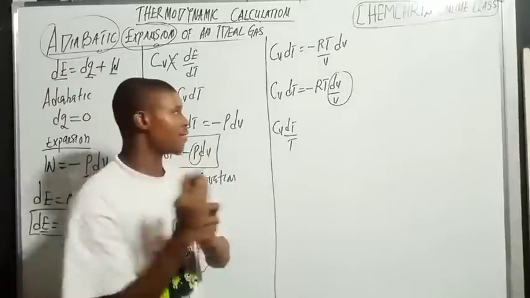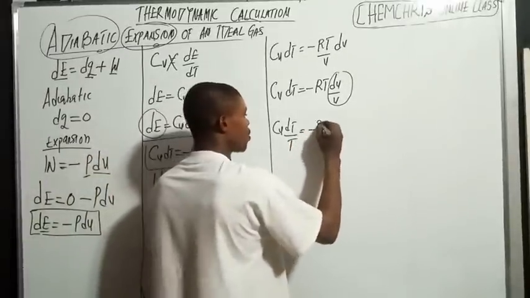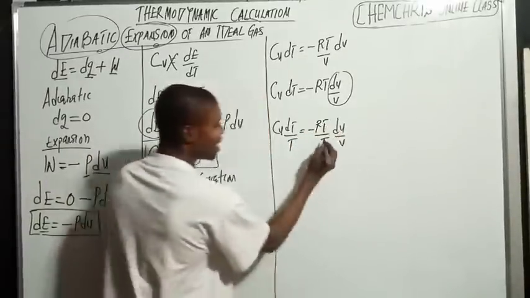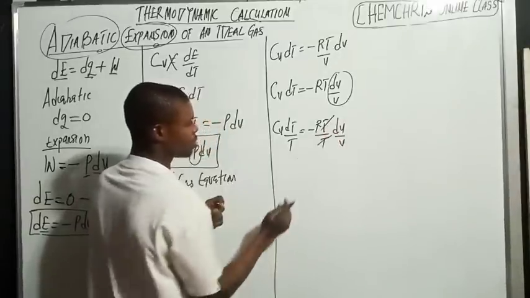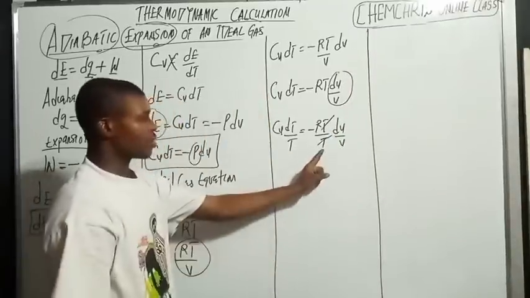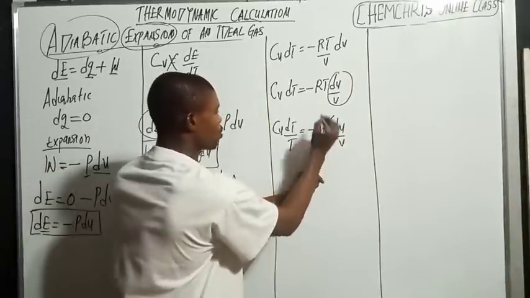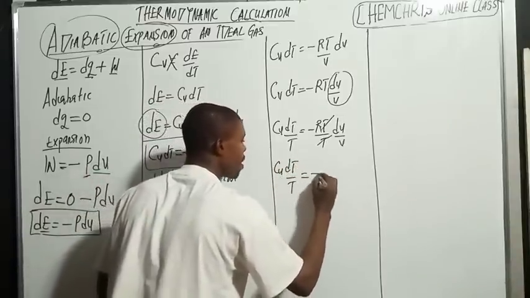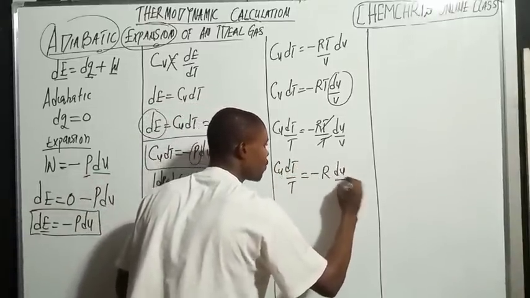It makes more sense now. It equals minus RT over T, change V over V, right? You can see that this T and this T will go out. So what I have left is CV change T over T equals minus R change V over V.